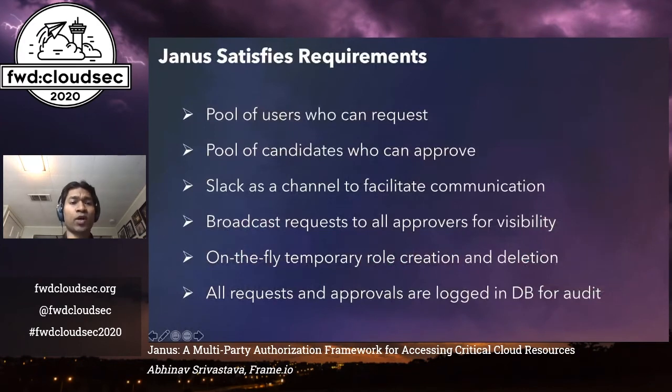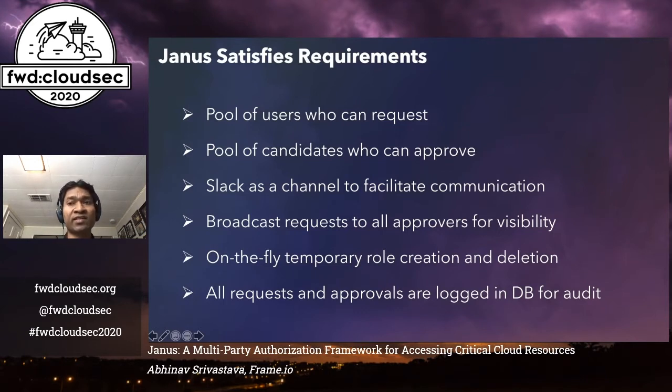Janus satisfies these requirements. In Janus, we have a pool of users that are already identified from key teams to request additional privileges to access critical resources. We have a set of approvers, generally engineering leads, to approve those requests. Slack is the medium that we chose to communicate between requester and the approvers.